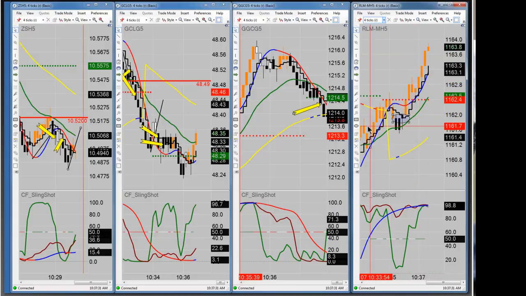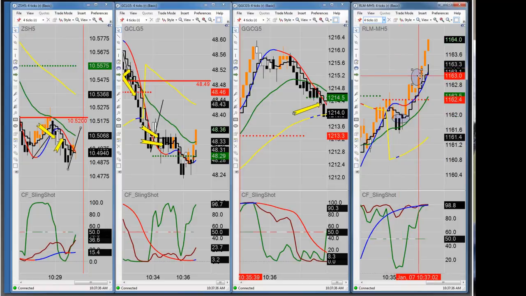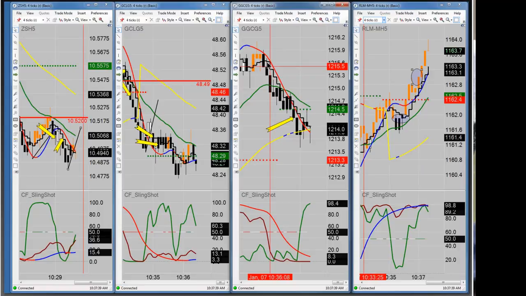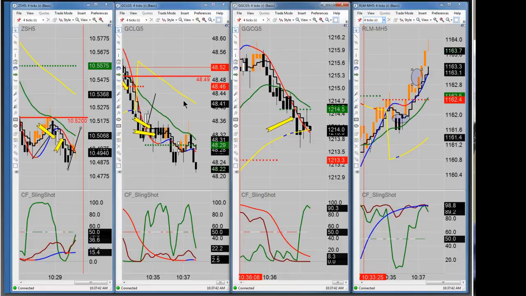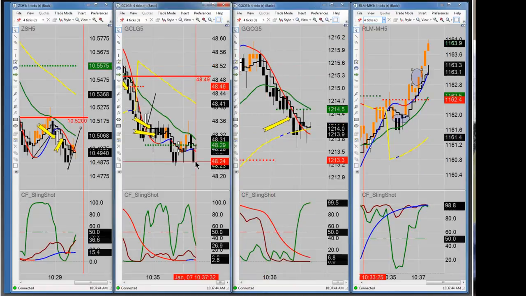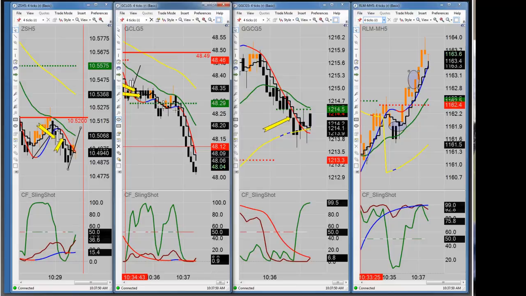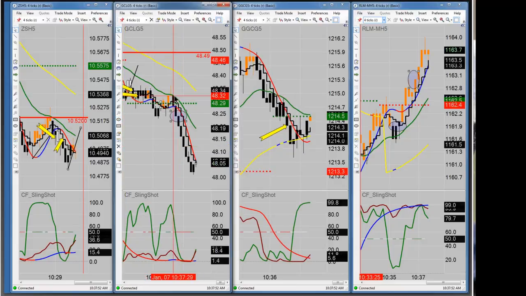I missed that one and that one. Sorry. And right there, 48.24 on crude was the spot. I missed that.